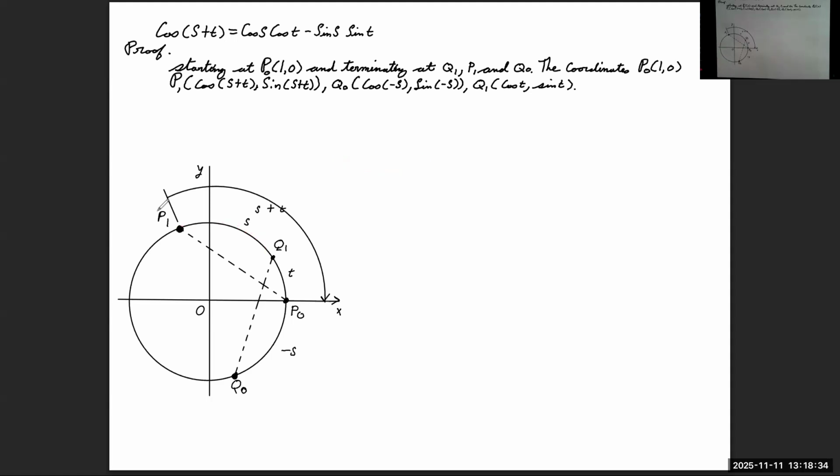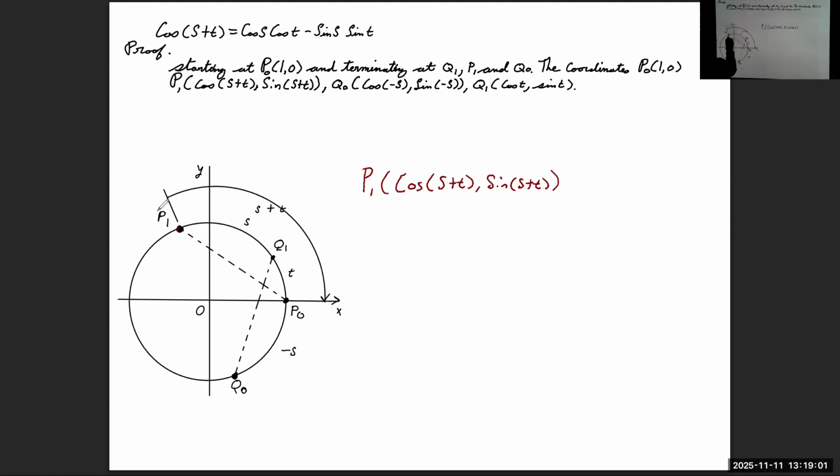So starting at P naught, terminating at Q1, P1 and Q naught, the coordinate P naught is 1, 0, P1 is cosine S plus T, sine S plus T. Okay, let's make sure that that makes sense.